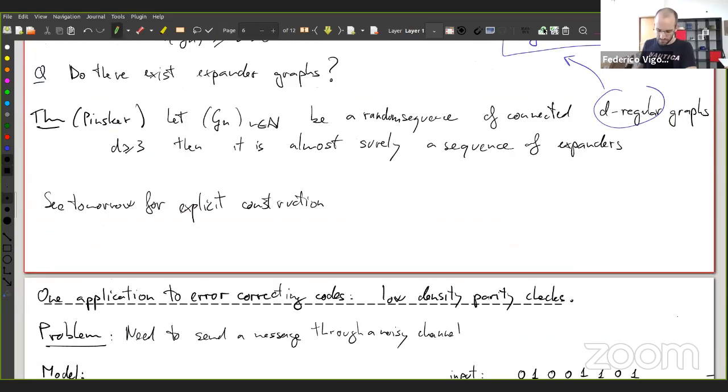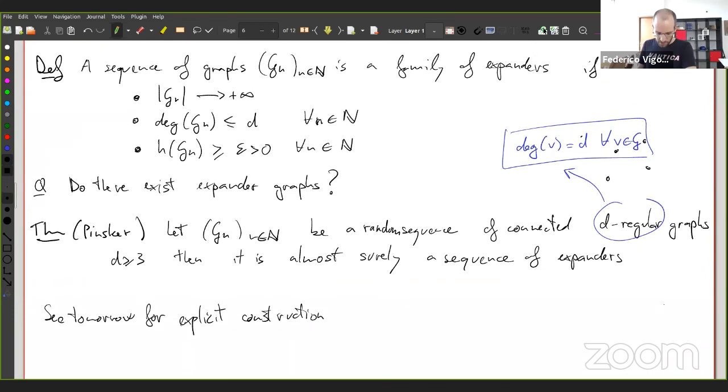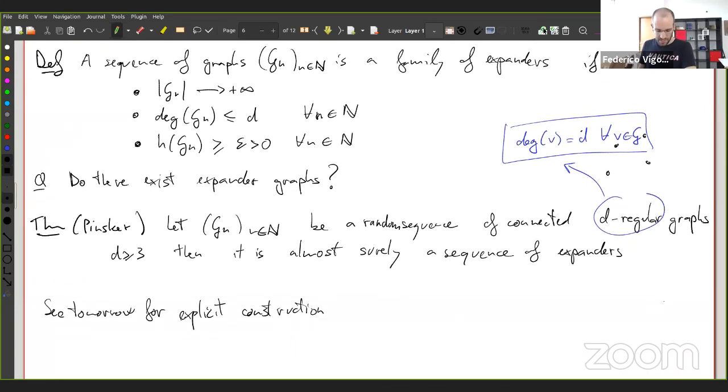Good question. I'm actually not completely sure what the theorem of Pinsker says, because I think it's written in Russian. But in the exercises, there will be one model.